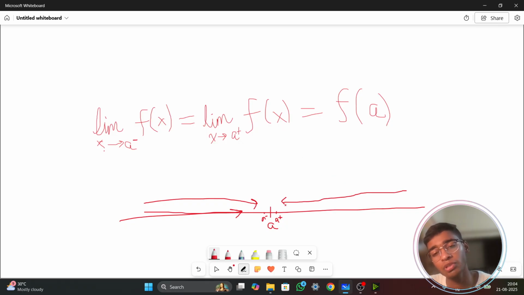That means I'm coming from the right-hand side, the positive side of a. This should be equal to the value of the function at a. This is exactly the point you would be getting.